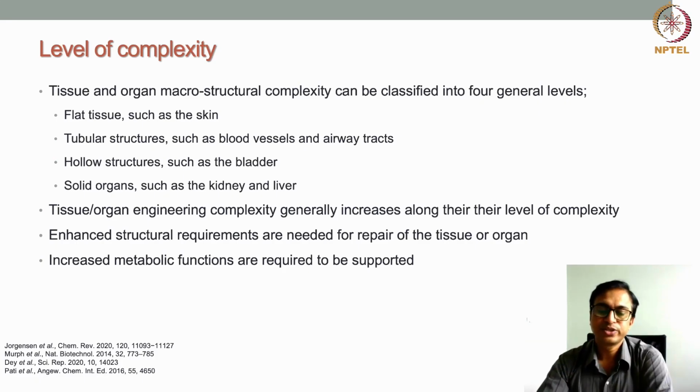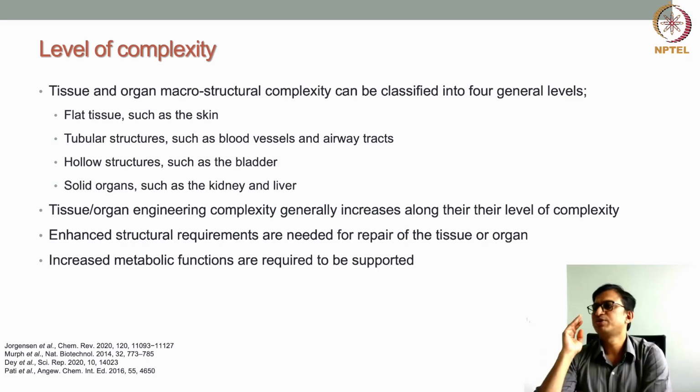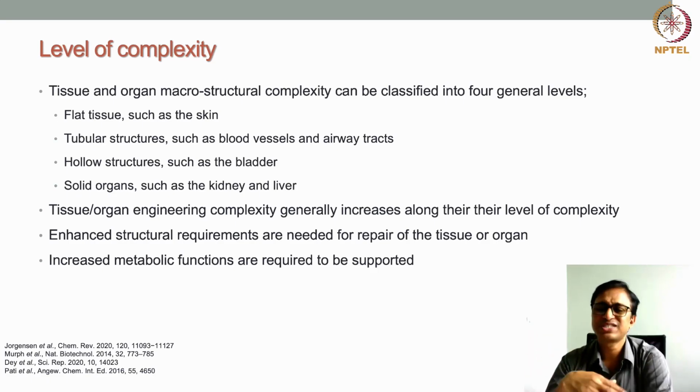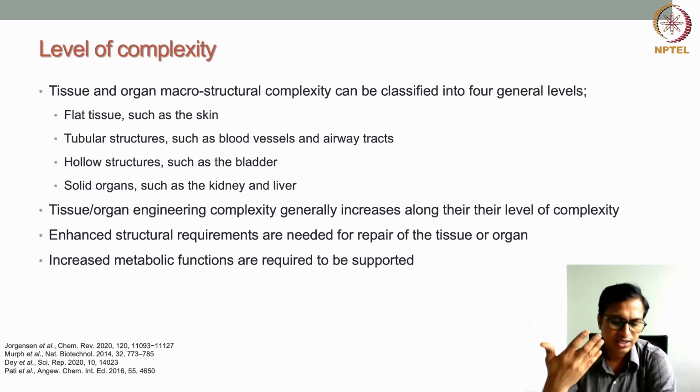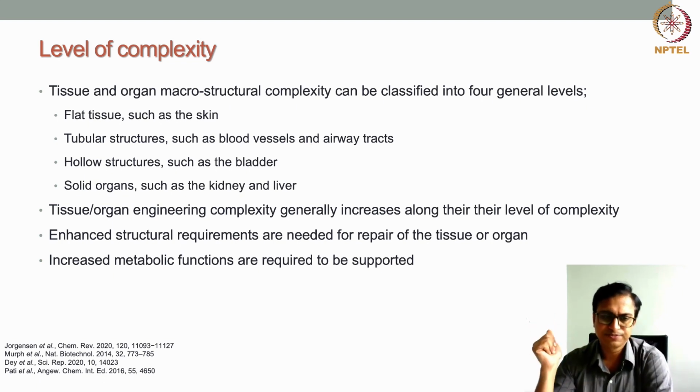Suppose for bioprinting of skin, what is required would be different from what is required for bioprinting of kidney or liver, because kidney or liver have a very complex structure, while skin is mostly a flat tissue. So we can start with 2D array bioprinting, and we can come up with the skin tissue structures.